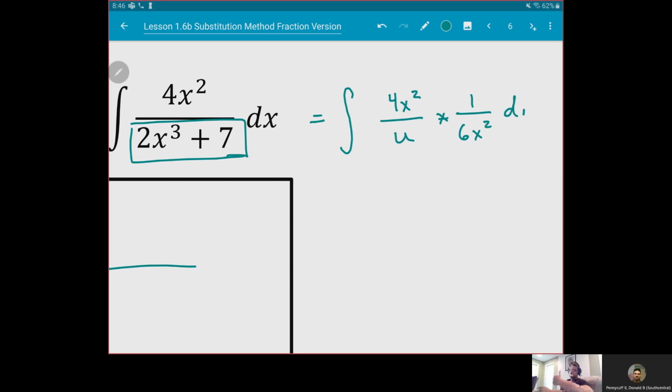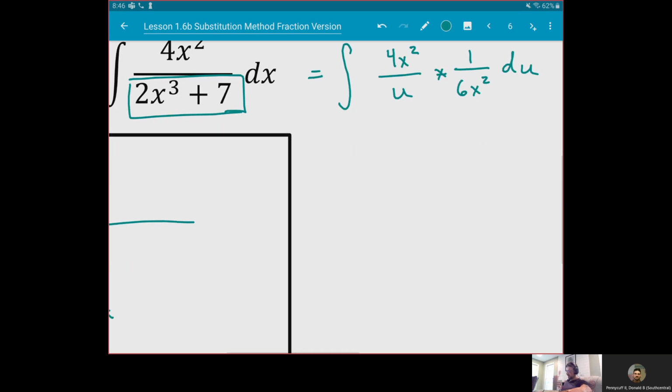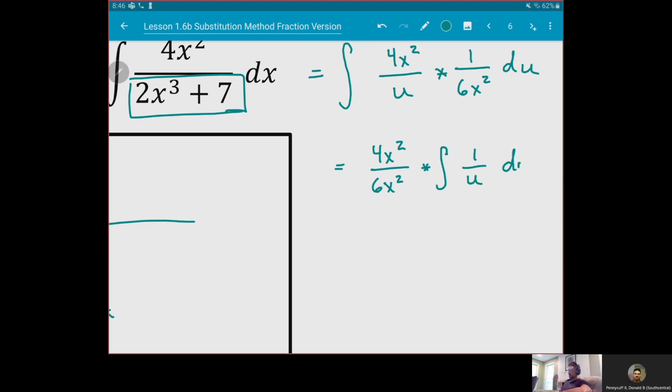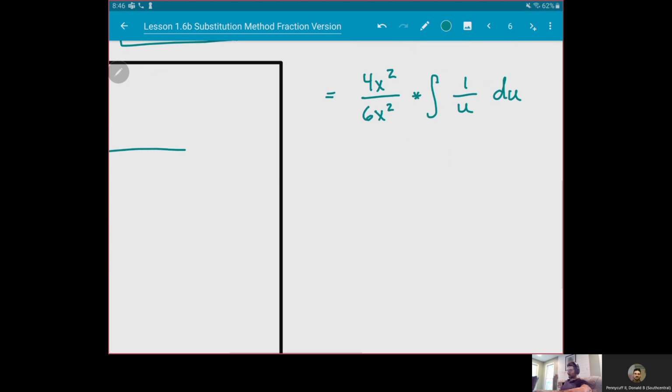Now everything is gone, all the x's are kind of moved over, and I can move everything out front. And so that's going to be 4x squared over 6x squared times the integral of 1 over u du. So I'm using the derivative to make all of that happen.